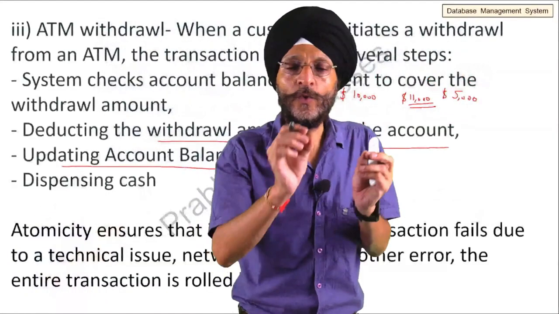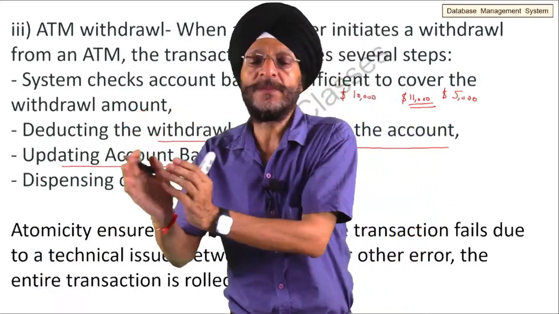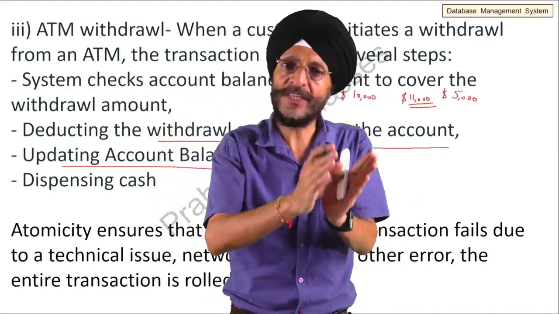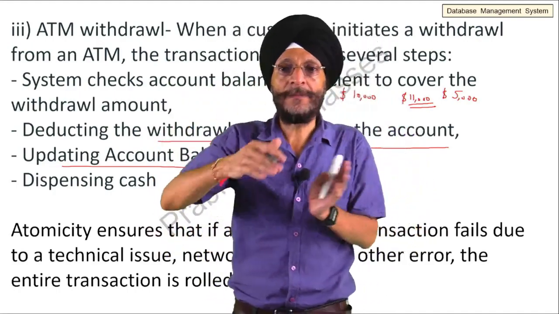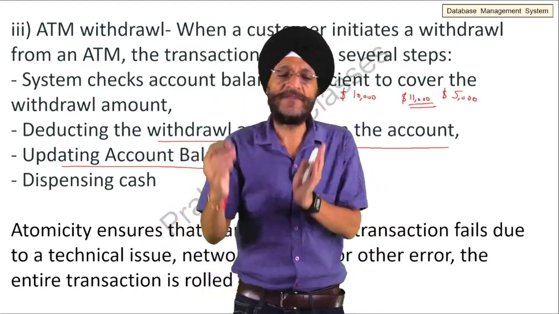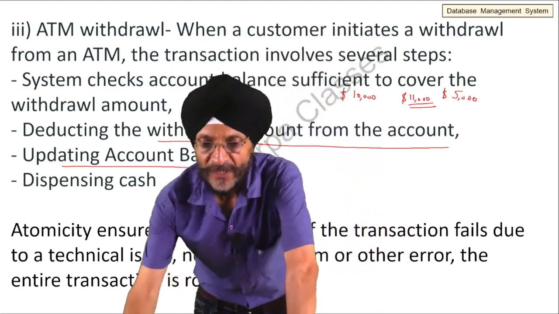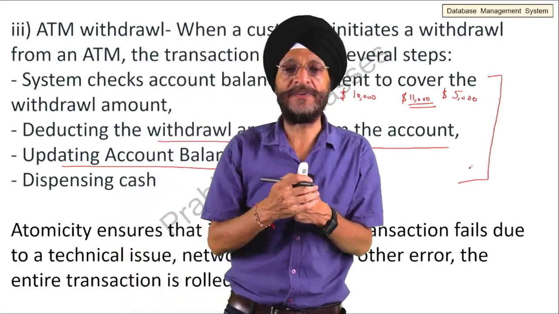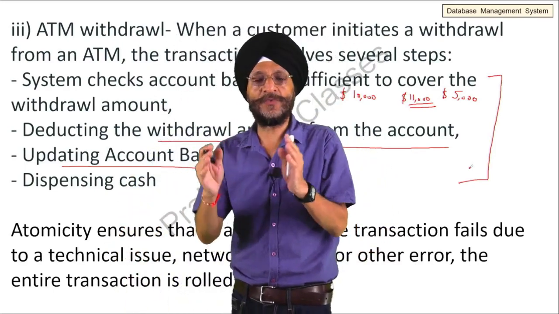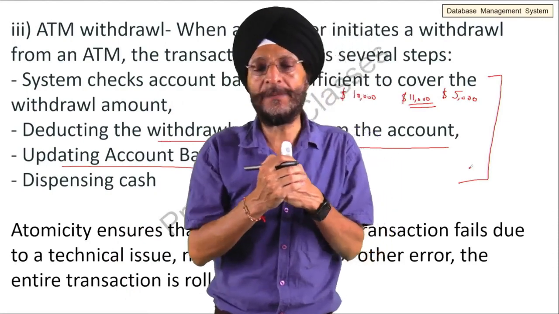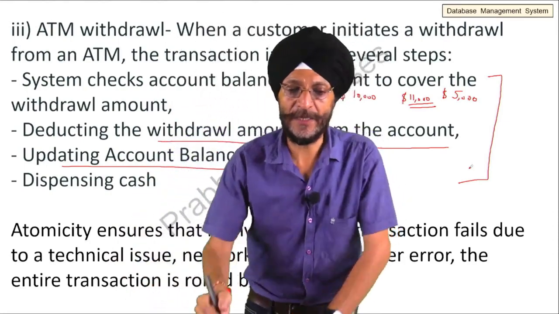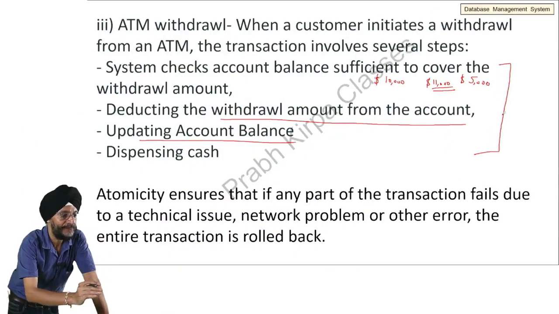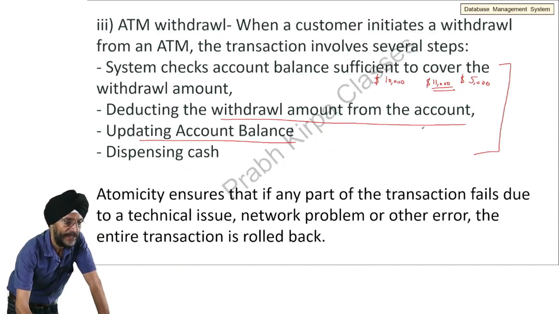That is, when you say that you want to withdraw this amount from your account, the ATM machine will first deduct the amount, update the balance in its record, and after that dispense cash. If at any of these steps there is a system crash, power failure, or internet failure, the atomicity property of the DBMS will ensure that all the operations performed in this transaction are reverted back.